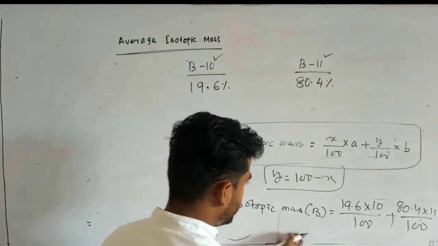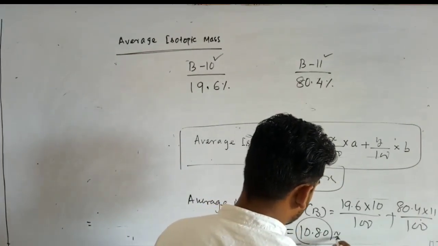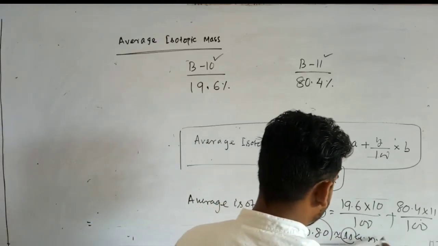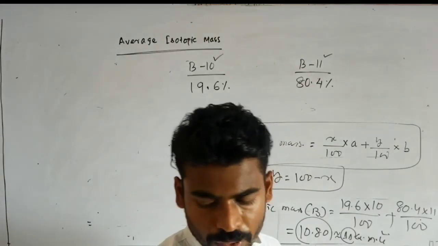When you calculate it, that will be equal to 10.80, that is near about 11 AMU. That is the average isotopic mass for boron.